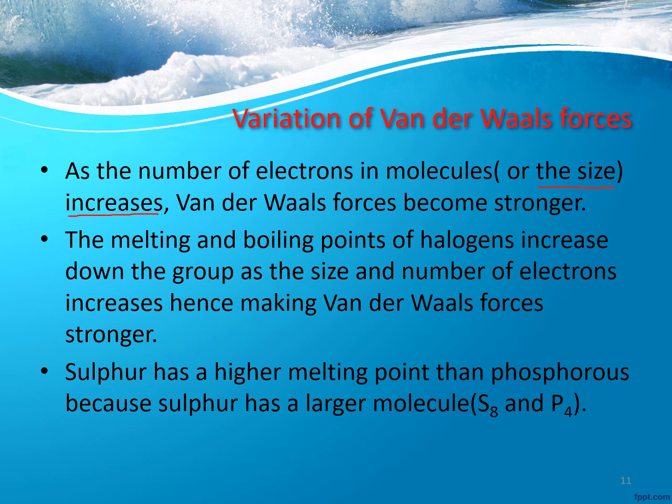electrons is small. The melting and boiling points of the halogens, this is an example, increase down the group as the size and the number of electrons increase, hence making van der Waals forces stronger.